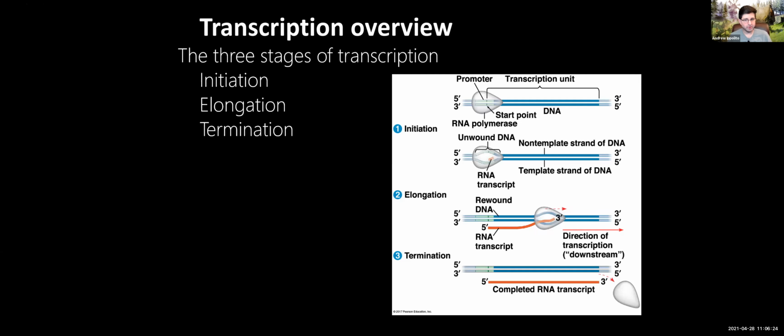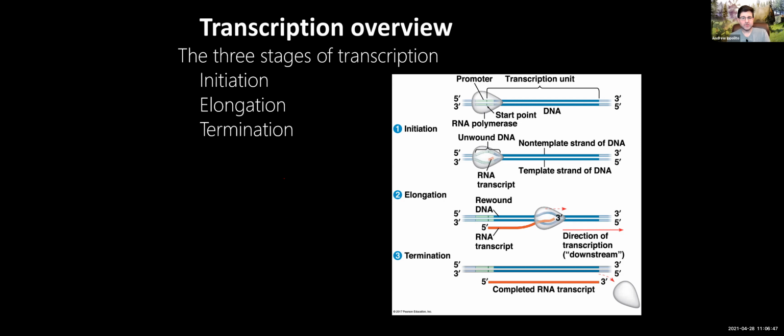Initiation, elongation, termination. During initiation of transcription, there is a series of proteins that swarm the DNA into a region called the promoter. We call it the promoter region. As its name suggests, it promotes transcription.